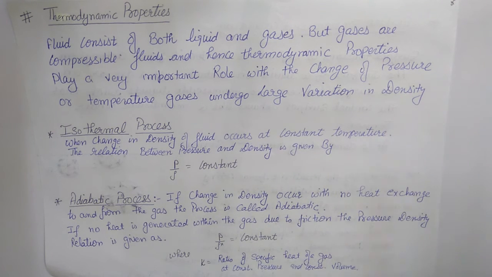If no heat is generated within the gas due to friction, the pressure density relation is given as P upon rho to the power K is equal to constant, where K is the ratio of specific heat of a gas at constant pressure and constant volume.